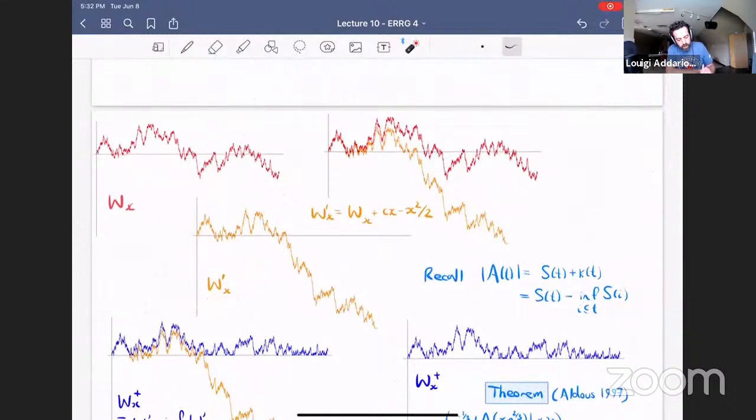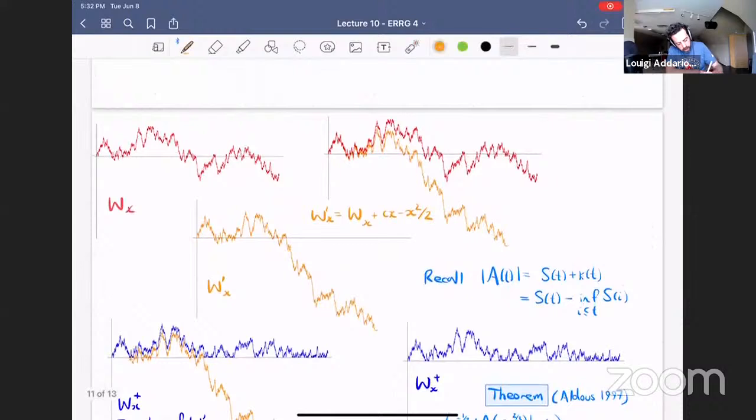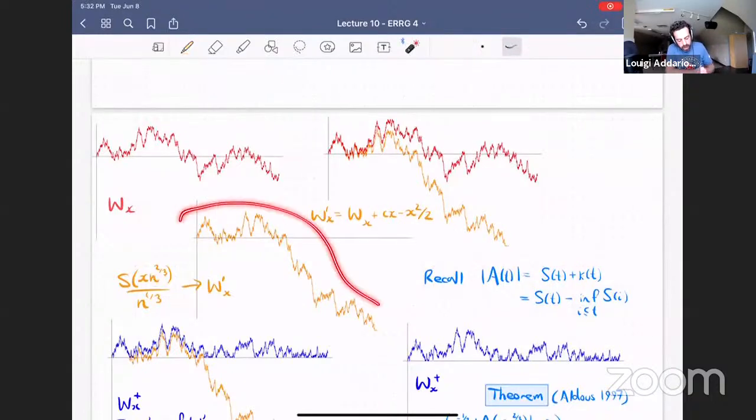This W prime process is roughly what we're saying the process S looks like on the time scale x n to the 2/3, divided by n to the 1/3. That picture is what I justified on the last slide. But now it's worth remembering what S is really doing for us.